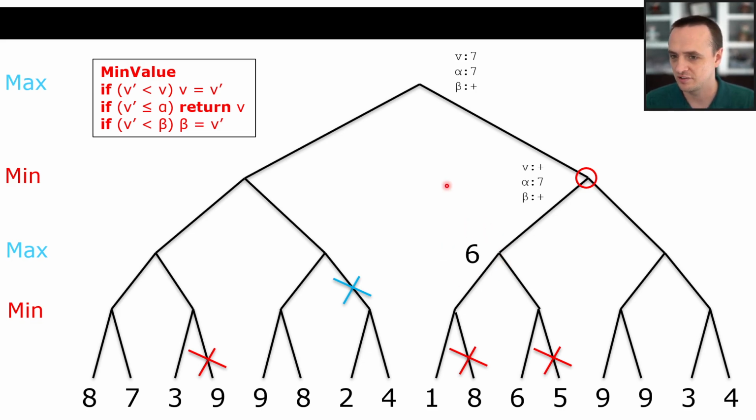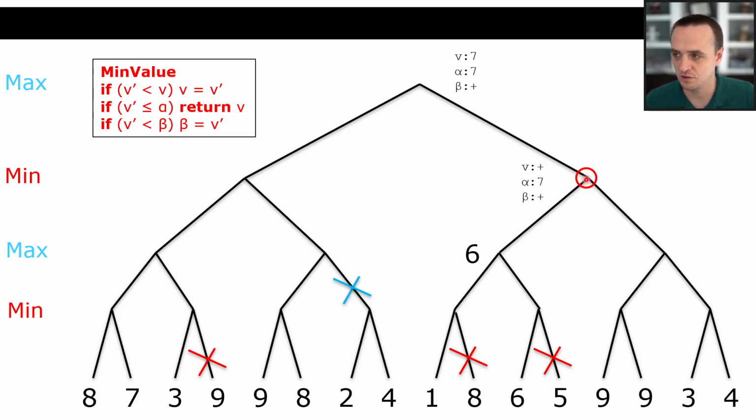But watch this. This is where we start to get into the huge amount of savings with alpha-beta. And I'm lucky to be able to fit this on one slide. This one up here, the root node, knows it's trying to maximize, and it already has a value of 7, right? So this one is trying to minimize, and it already has a value of 6.